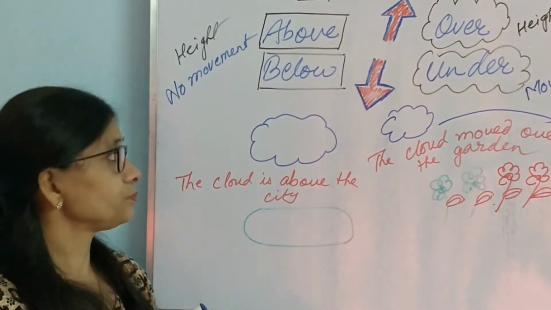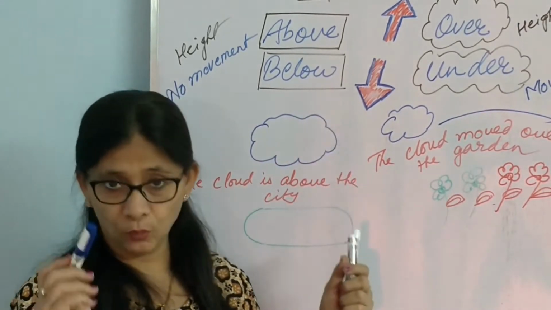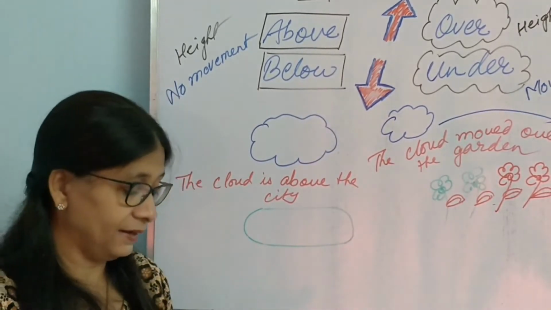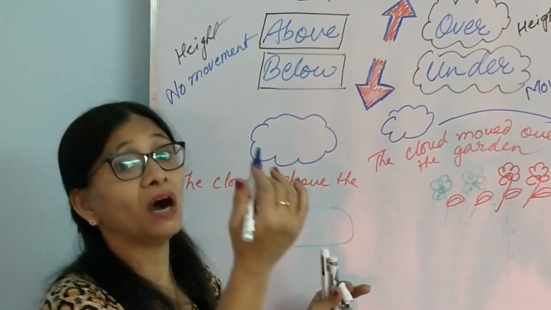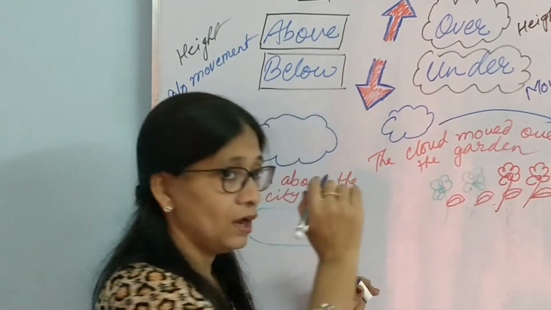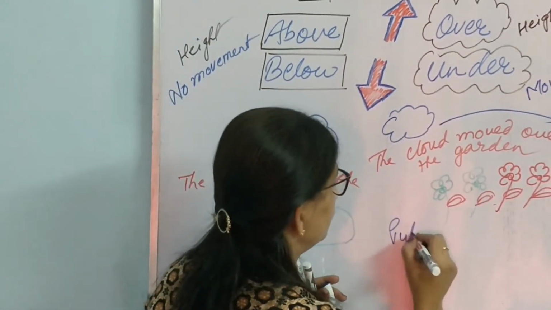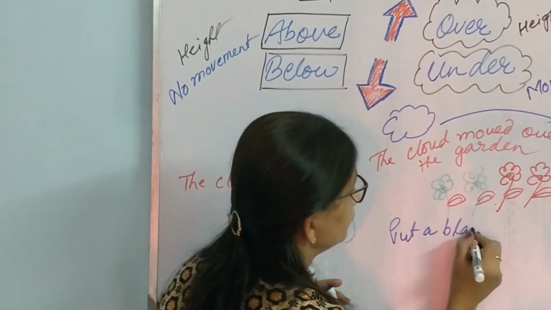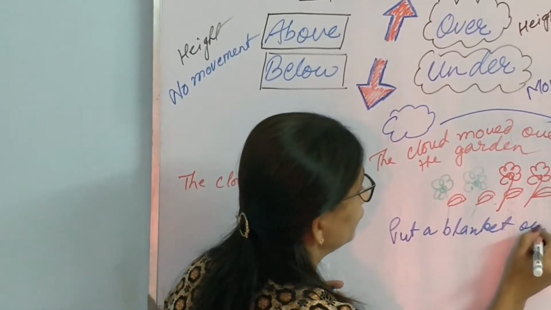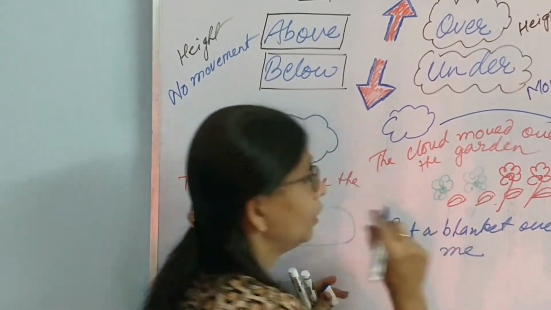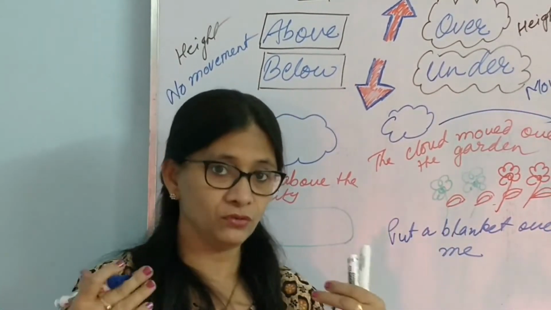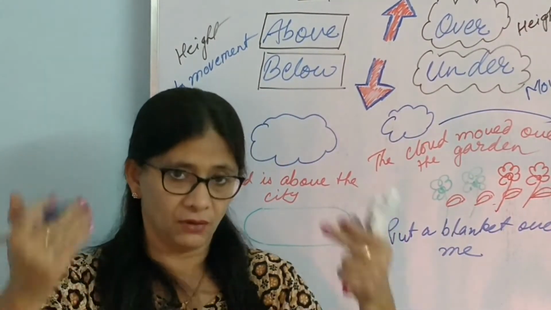Now with over there is one more thing. So let us quickly discuss that. Over also covers. Like, put a blanket over me. It means literally cover me with a blanket.